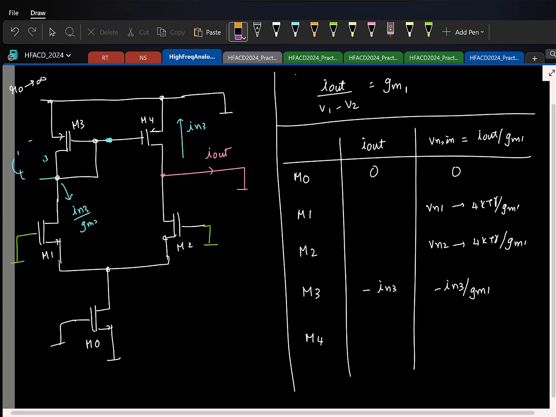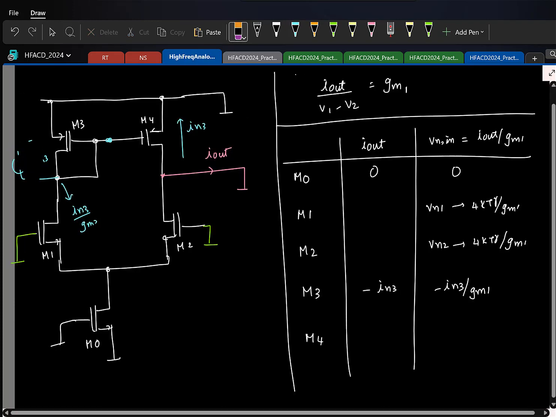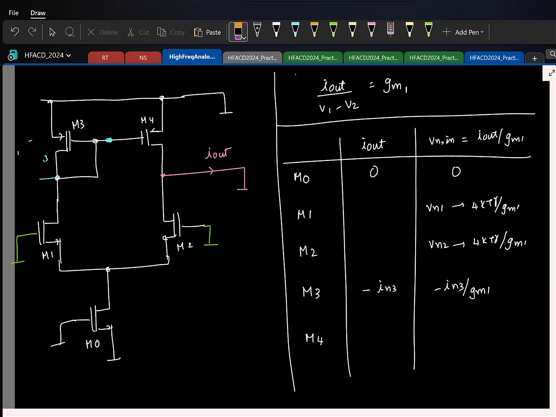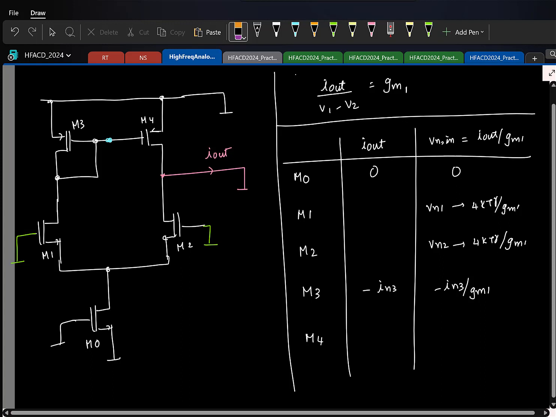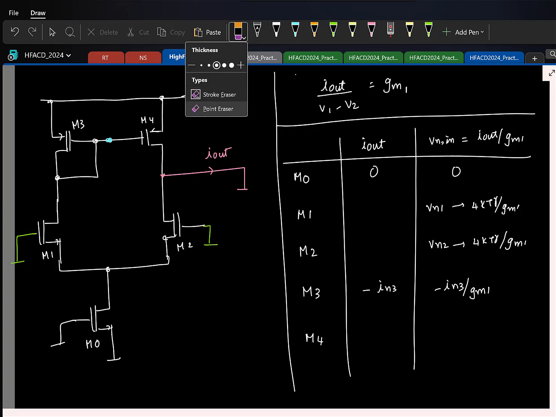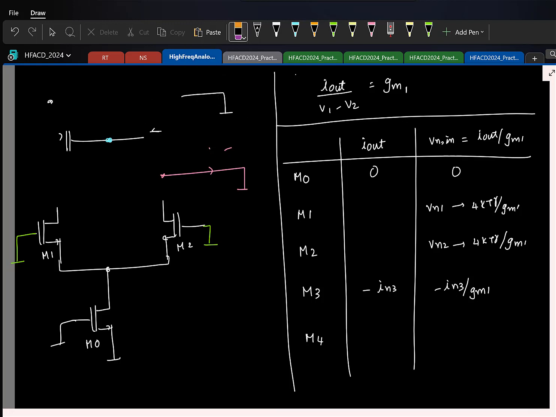So let me do telescopic cascode. I'll have to draw this. I'll draw this quickly.